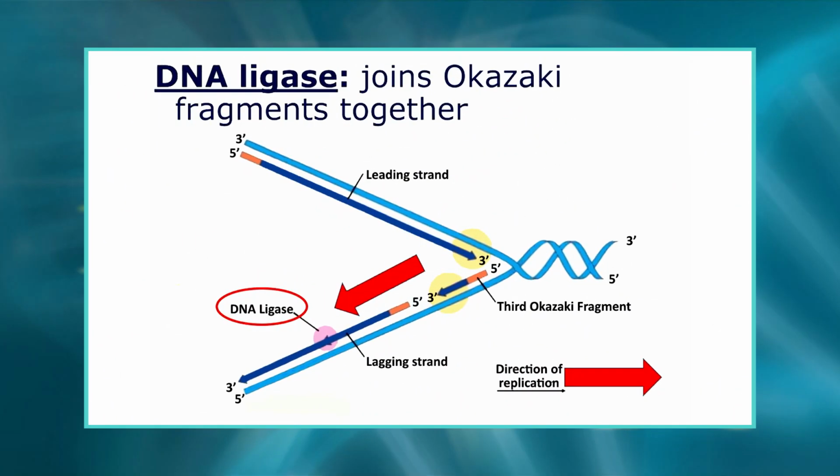Another type of exonuclease proofreads the newly synthesized strand, checking, removing and replacing any errors formed during the synthesis of these small fragments. So, DNA ligase enzyme joins these small Okazaki fragments to form a single unified strand.